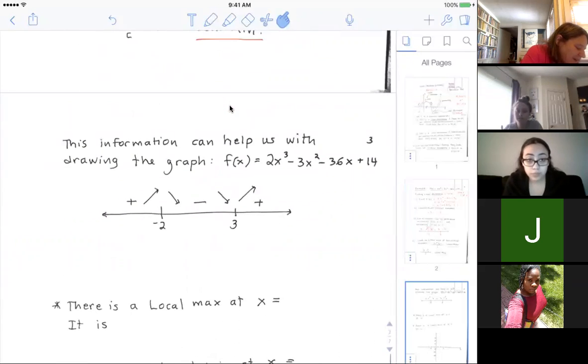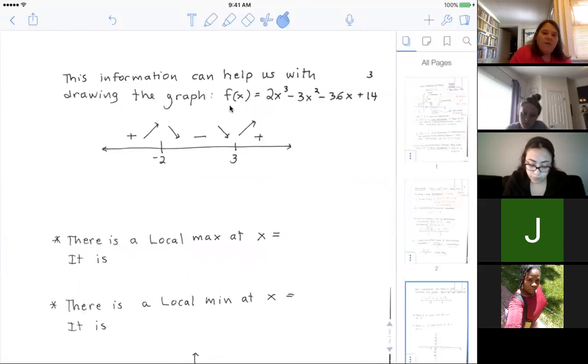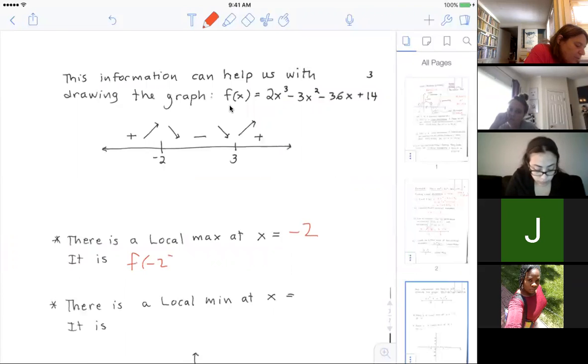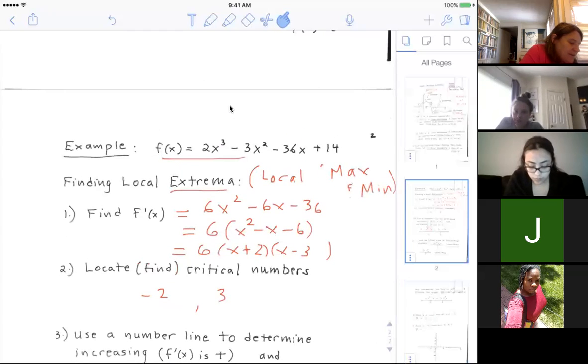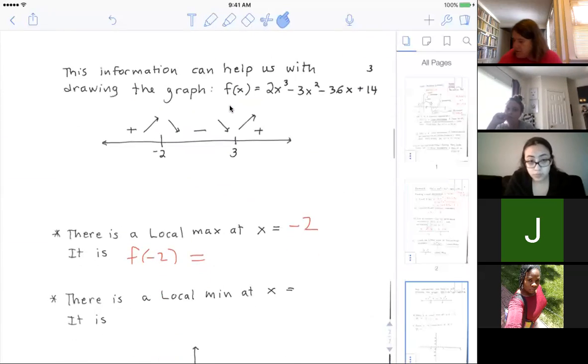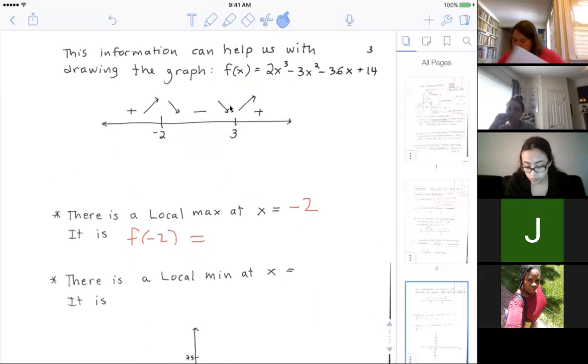So what we've got, with this picture right here, we say there's a local max at -2. And then we say what it is, we plug it into the function. It is f of -2, and so I'd have to go back and plug it into the function. I computed this a little earlier.